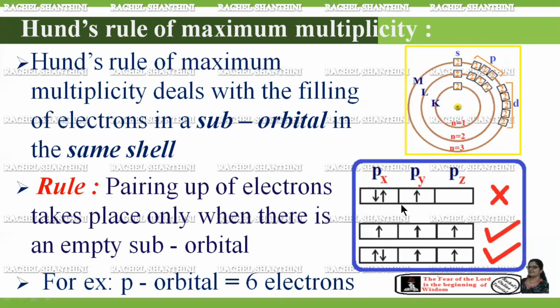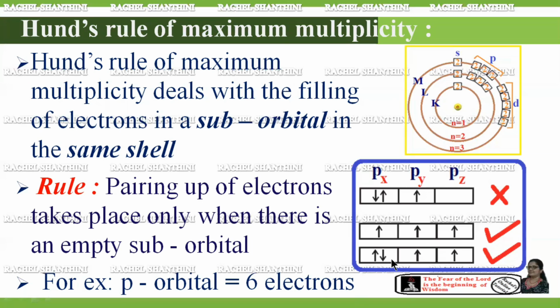Pairing won't take place when there is an empty orbital. Moreover, the electrons in the singly occupied orbitals should have a parallel spin, which means if the electron in the px orbital spins upward, then the electrons in the py and pz also spin upward, because parallel spins correspond to a state of low energy.